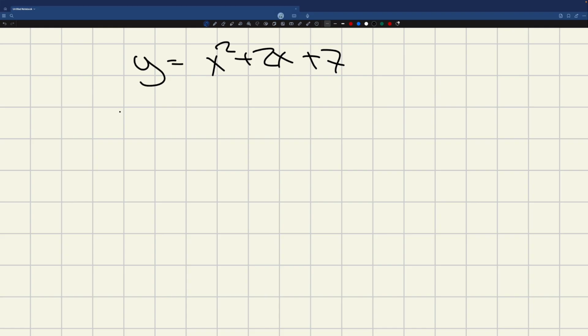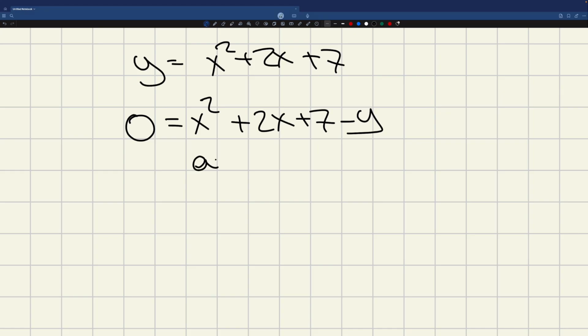So what do we do in this case? We carry the y. We go 0 is equal to x squared plus 2x plus 7 minus y. Now, does this remind you of anything? Well, of course, this reminds you of a quadratic equation, where coefficient a is equal to 1, coefficient b is equal to 2, and coefficient c is equal to 7 minus y.